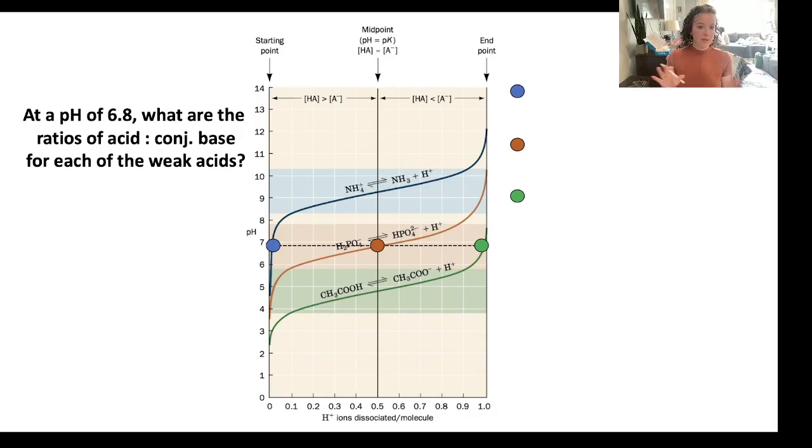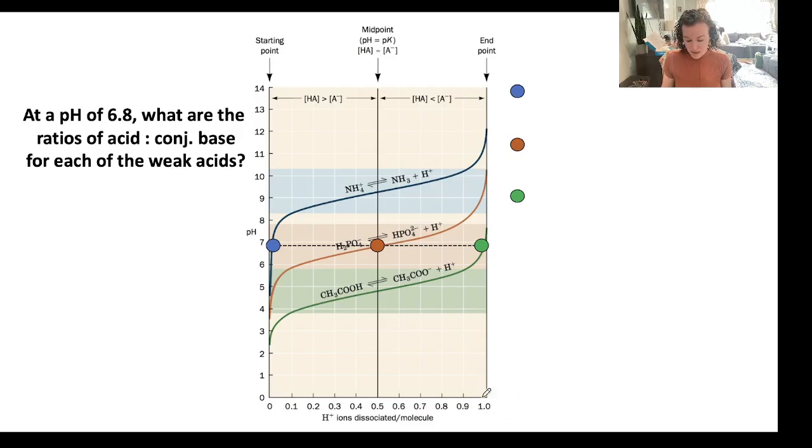So let's talk a little bit about what we're seeing on this graph before we jump into looking at these 3 acids. So across the x-axis, folks, we have protons dissociated per molecule. So how many molecules of these different acids have lost their proton? On the left-hand side of the axis, what you're seeing 0, that would mean the molecules have all of their protons, none have left.